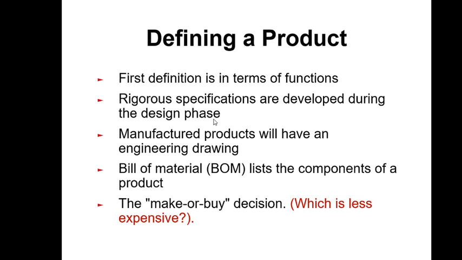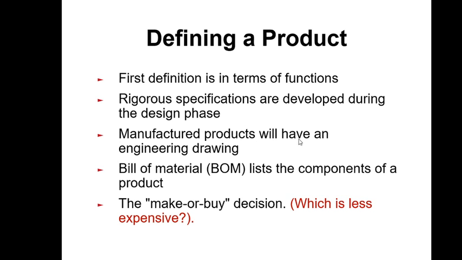Not in the defining stage, not in the selection stage, but in the third stage, the designing stage, we will talk about more detailed specifications of the sports car, or any other product.